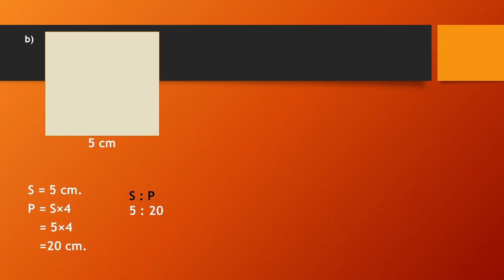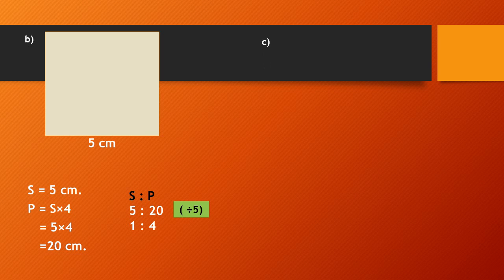Under side write 5 and under perimeter write 20. Divide both of them here by 5. We get the simplest form 1 to 4. Again, there is another square with a different side length, but the ratio equals the same ratio as in letter A.